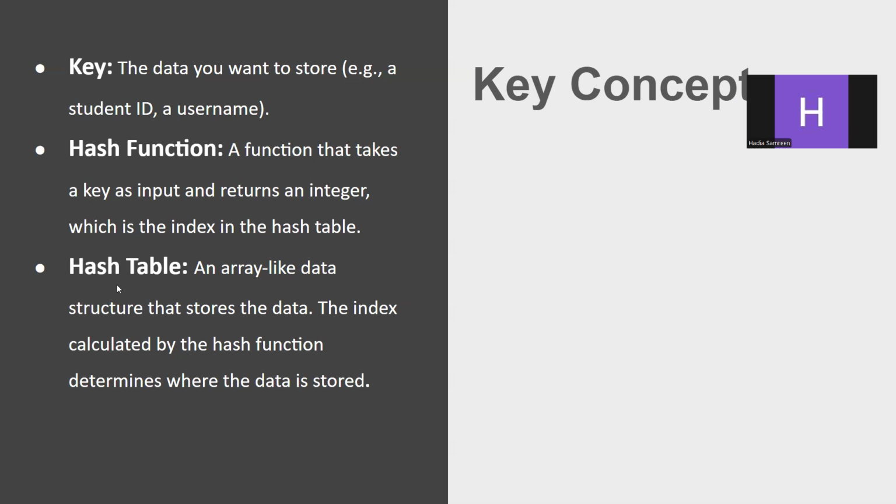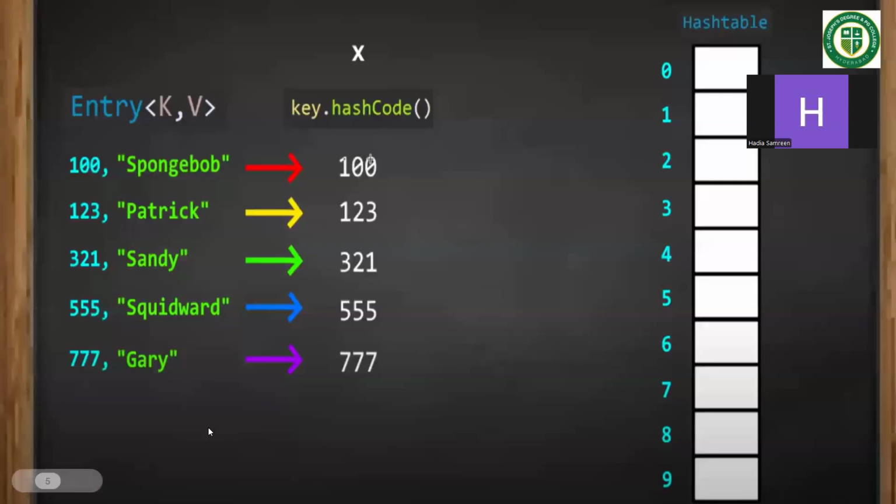Then comes the hash table. The hash table is where we store our data. So let's delve deeper into the topic. Let's see an example. We have this data and we want to store it somewhere in this memory space.